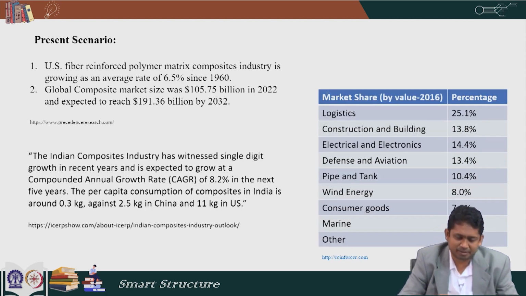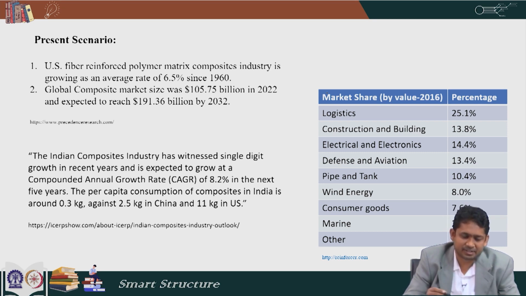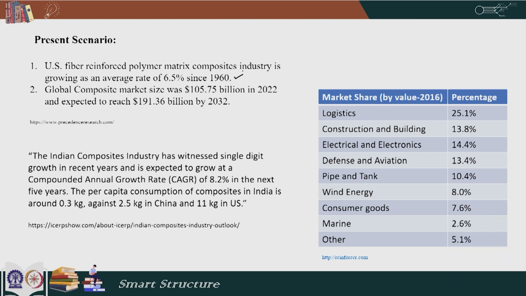Now, here is a brief outlook to the global or Indian market of composites and how it is expanding. In US, FRP composite industry is growing at an average of 6.5% since 1960.